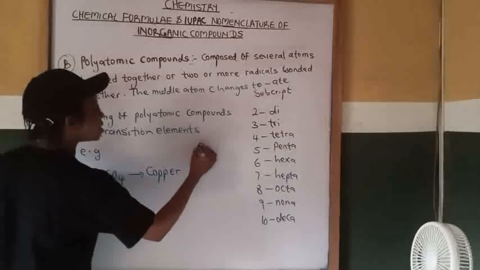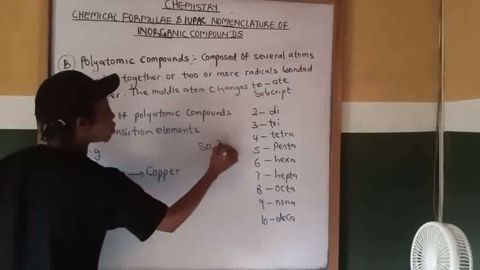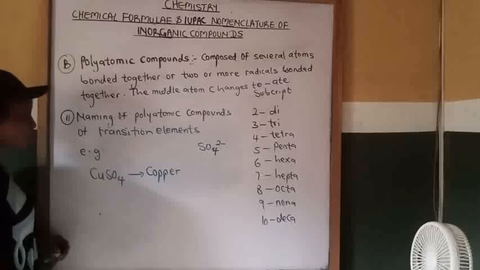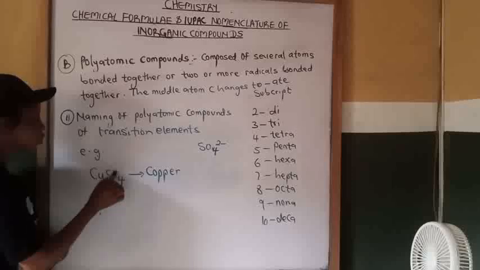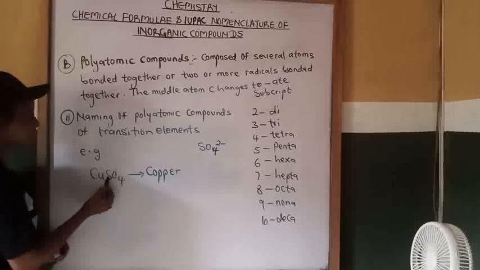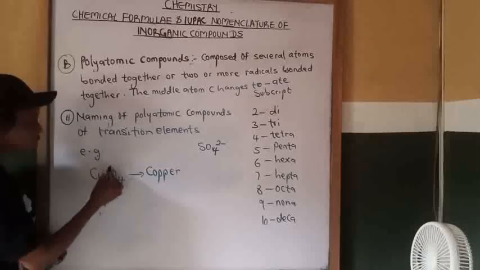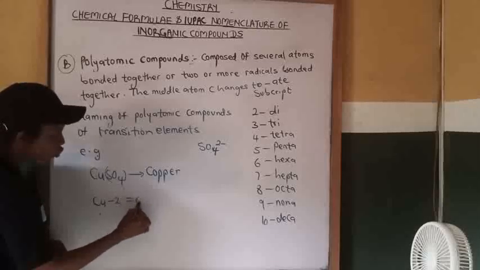Don't forget that SO4 is a radical. The charge on SO4 is 2 minus. Simply, I can calculate the oxidation number of copper out of this compound. Cu unknown, then your SO4 is -2, equal to 0.